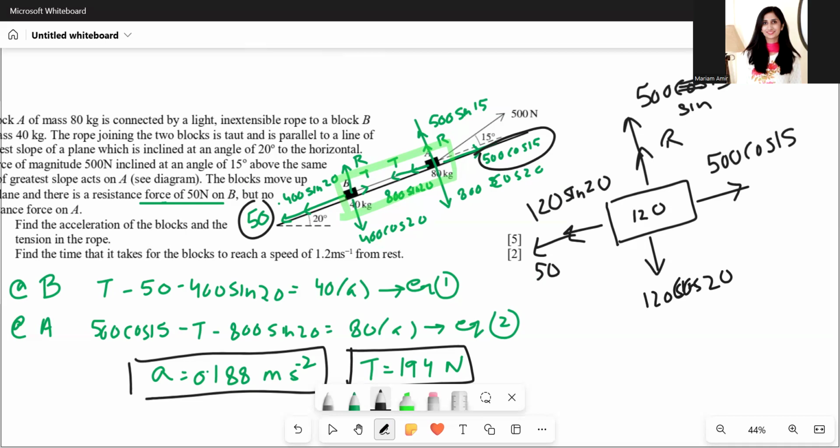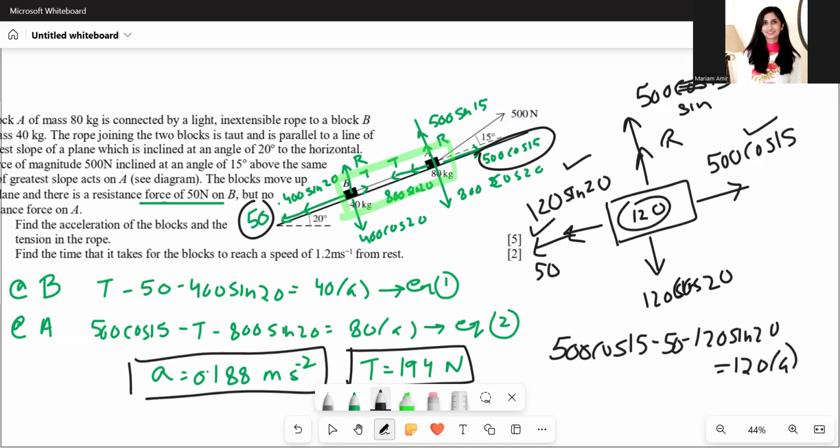Okay, so now you could just use these forces. Forward minus backward is equal to mass, which is 120, times acceleration, and get acceleration without the need of simultaneous equations. So 500 cos 15 minus 50 minus 120 sine 20 is equal to mass times acceleration will directly give you this acceleration.